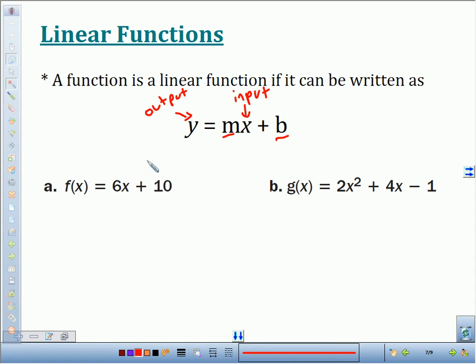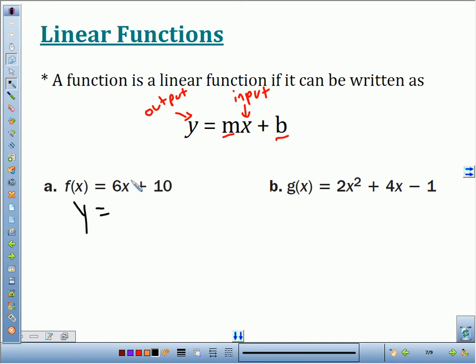For instance, in the case of a, we can see we have f of x equals 6x plus 10. Well, we want to know, does this follow the form y equals mx plus b? F of x is function notation, and f of x quite literally means y. So f of x and y are the same thing.